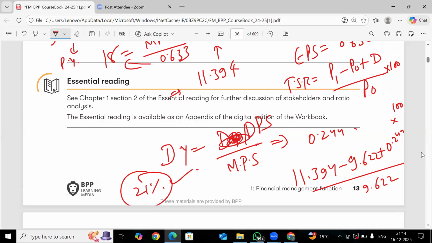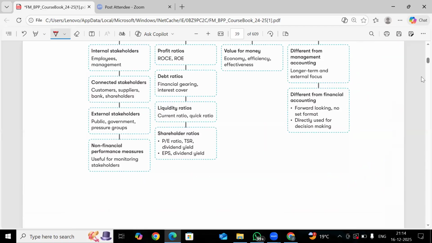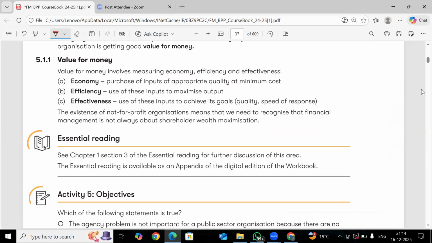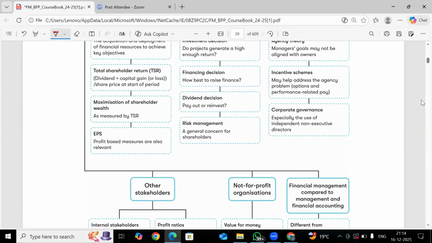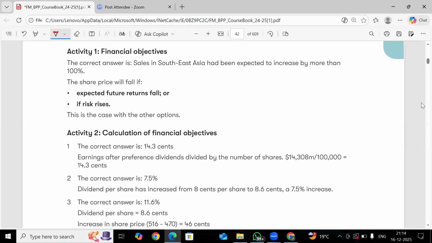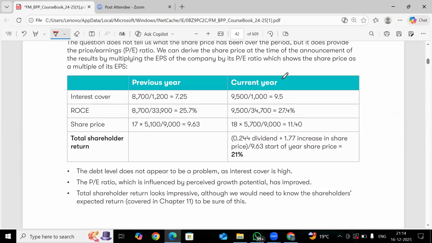So let's check the answer. Backside we have. So here we are, interest coverage ratio is this. We did ROCE also, right? Yes.